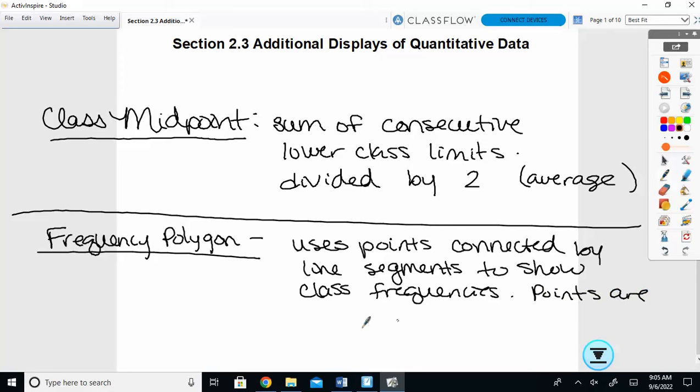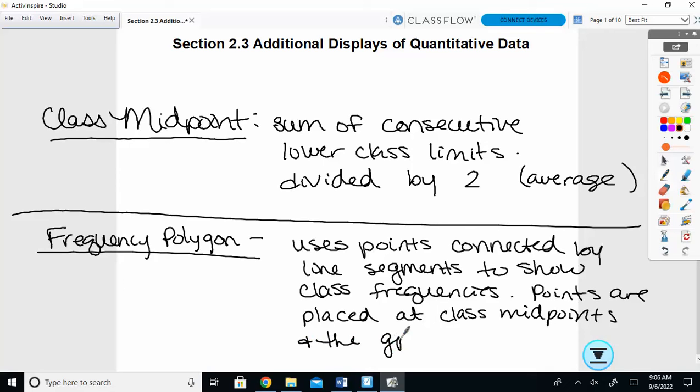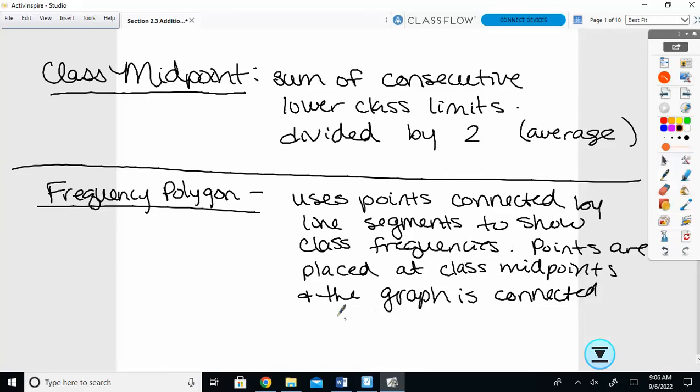The points are placed at class midpoints. And the graph is connected to the x-axis.